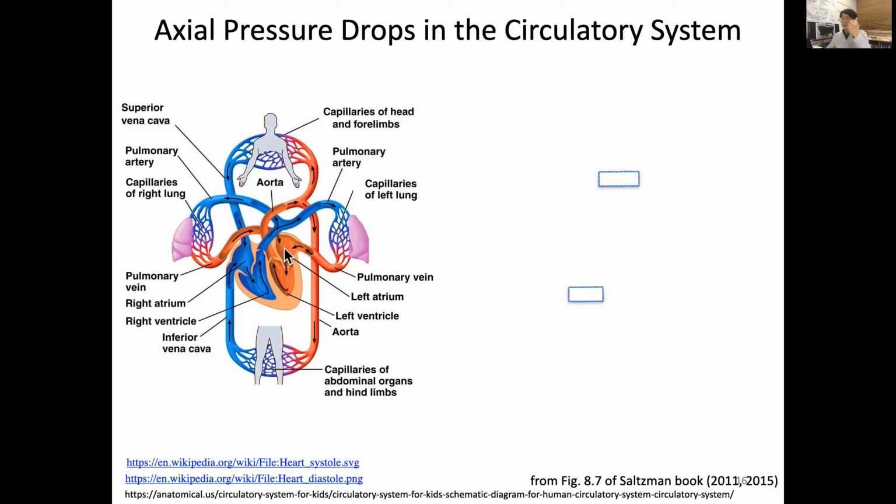The left atrium passes the oxygenated blood into the left ventricle, the biggest pump in our body, because it pushes this oxygenated blood through the aorta throughout the upper and lower body, through the capillaries of the head and forelimbs, and the lower body, abdomen, and hind limbs. And eventually, after exchanging gas, it will come back.